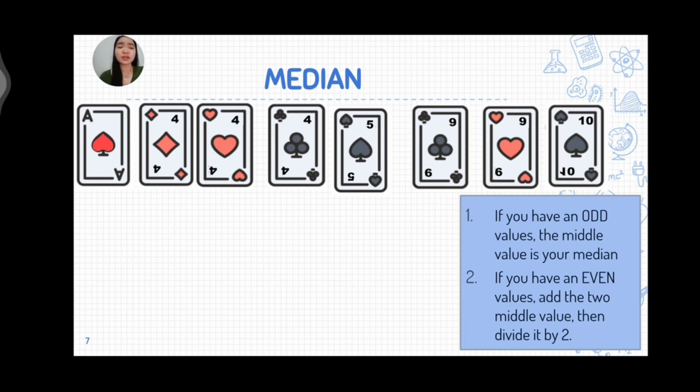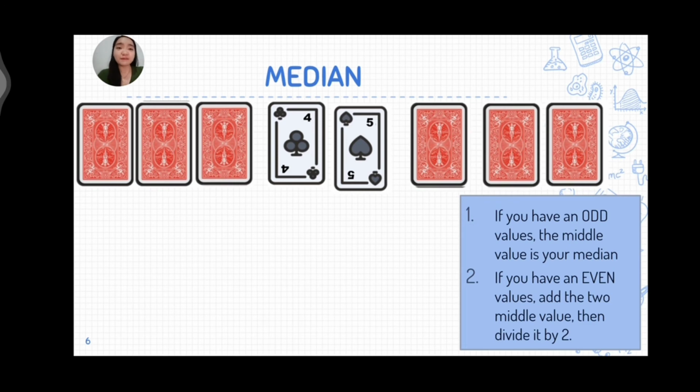So if you have an 8, therefore, is it odd or even? Okay, correct. That is even. So if we have an even number of values, what should we do? We're going to add the two middle values, then divide by 2. So what are those middle values? Let's see.